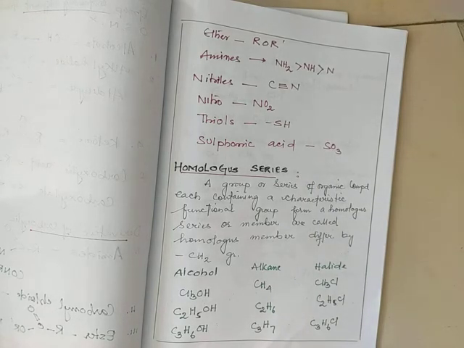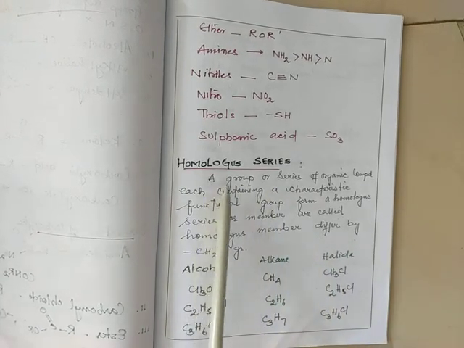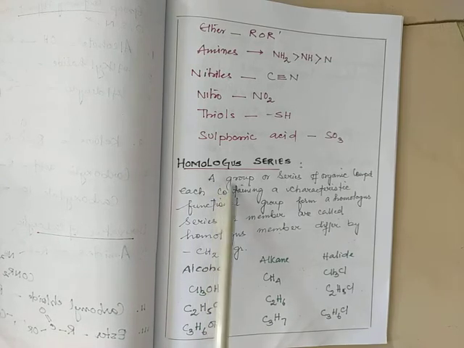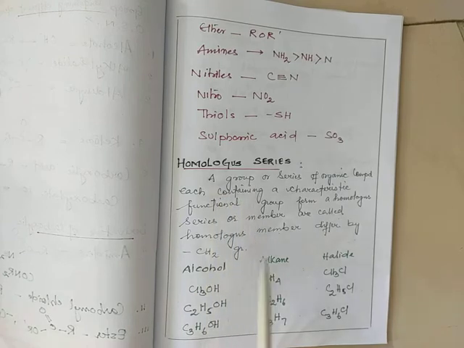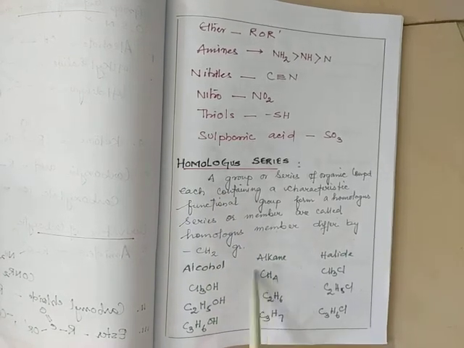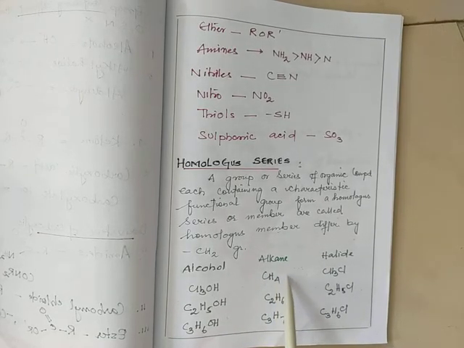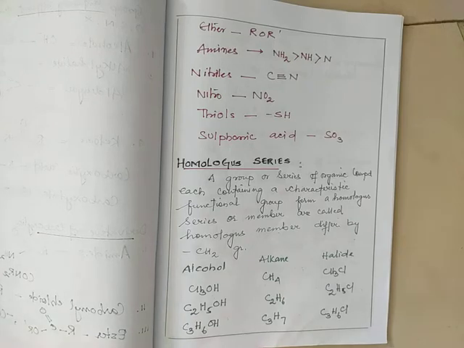Now the next one is homologous series, which you have already studied in class 10, so you already have an idea about it. Let's see this homologous series. Now here this carbon, methane, when we remove one hydrogen, we call it alkyl.